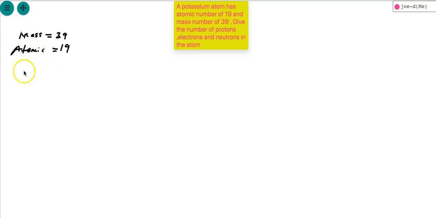Now we are required to determine the number of protons in this atom. We don't know. They also want us to find the number of electrons in the atom. We also don't know. Okay, and the number of neutrons.